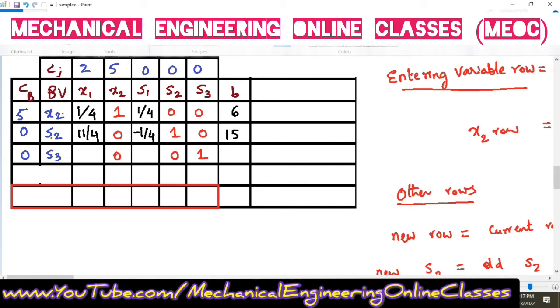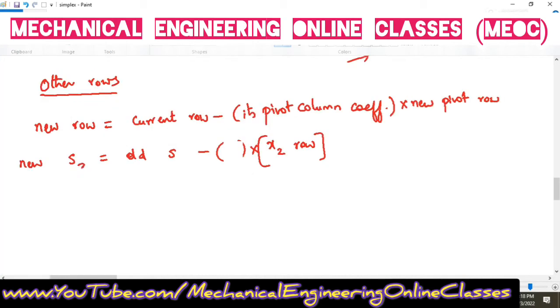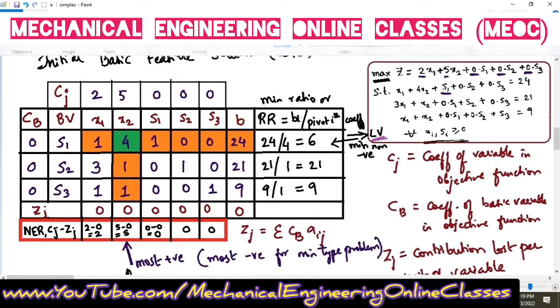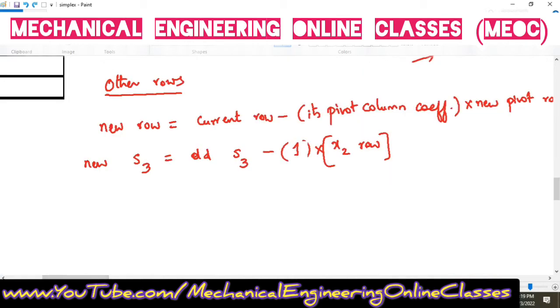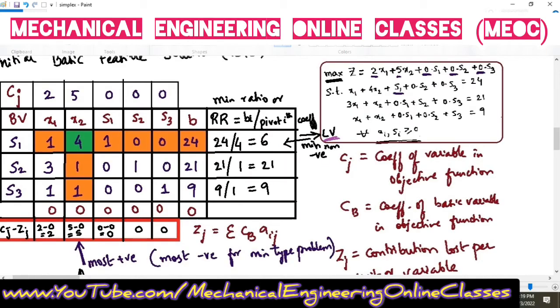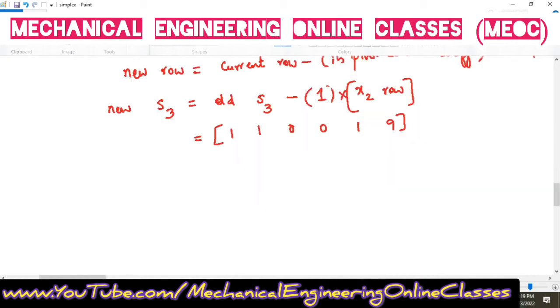In a similar fashion we have to find the new S3 row also. The new S3 row is equal to the old S3 row minus its pivot column coefficient, which is 1. Old S3 is 1, 1, 0, 0, 1, 9, minus the x2 row, which is 1 by 4, 1, 1 by 4, 0, 0 and 6.